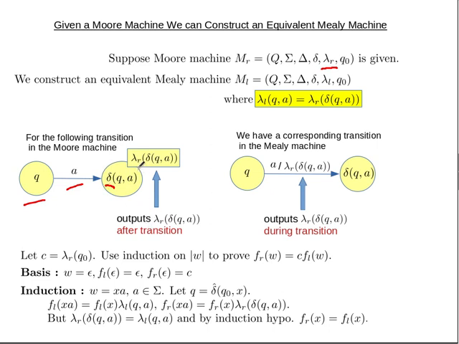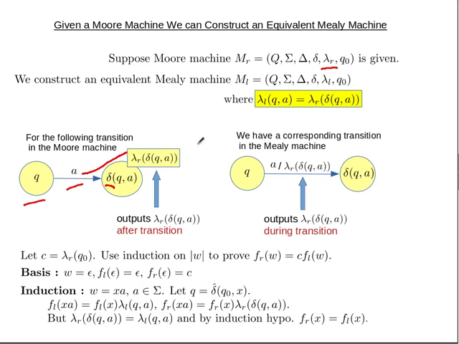So the Moore machine makes the output after the transition. It makes this transition and then it emits this symbol. So the idea is to push this output onto the transition. Instead of having it at the state, you push it onto the transition to get a Mealy machine.